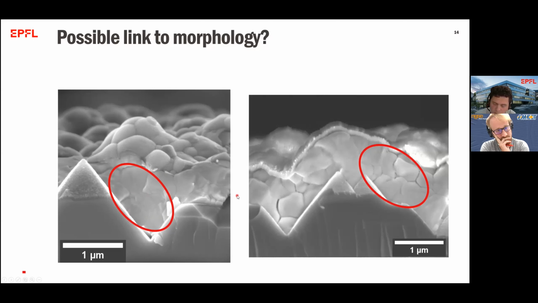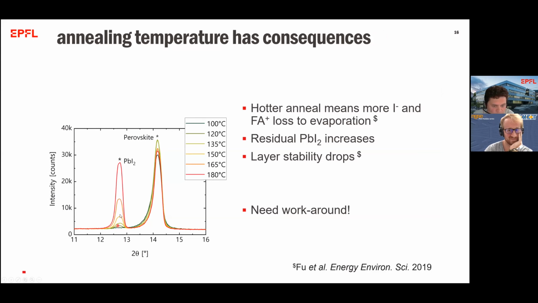We have an X-ray diffractogram of the prototypical perovskite, so around 14 2 theta, and of PbI2 around 12.5 2 theta. And what you can see is that we have a slight increase in crystallinity in the perovskite, but a drastic increase in PbI2. And that will impact the charge transport likewise, because PbI2 is a wide bandgap material.